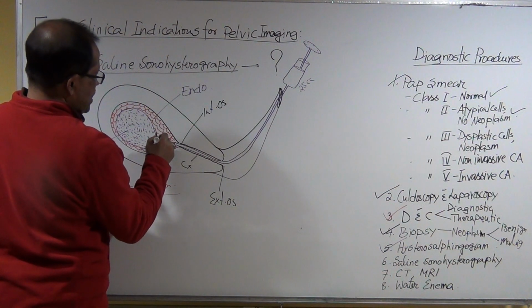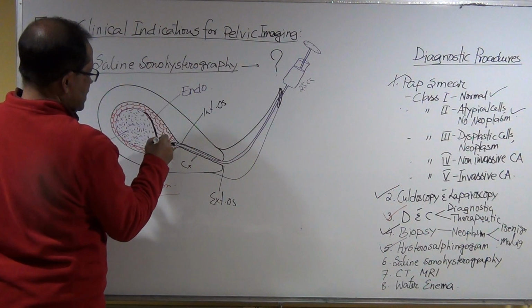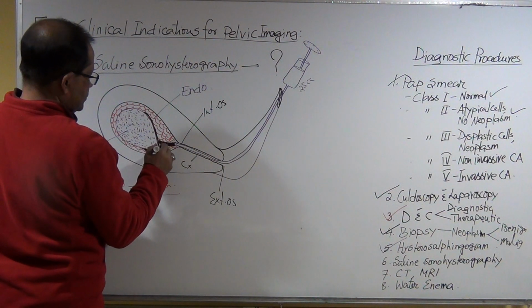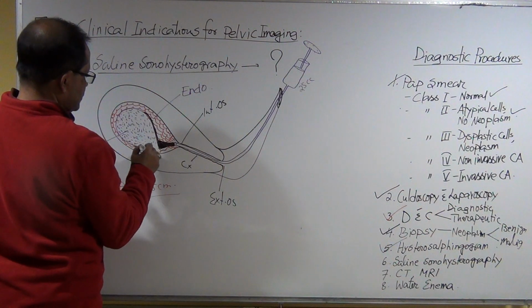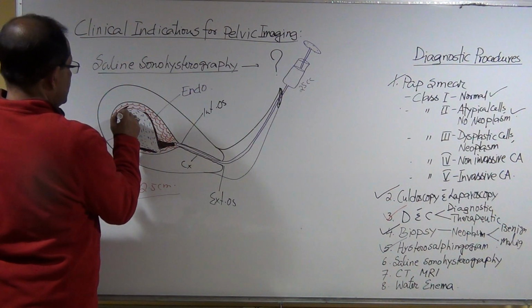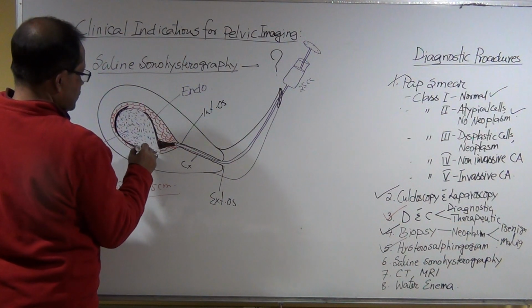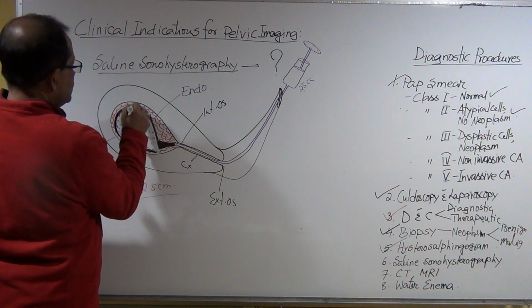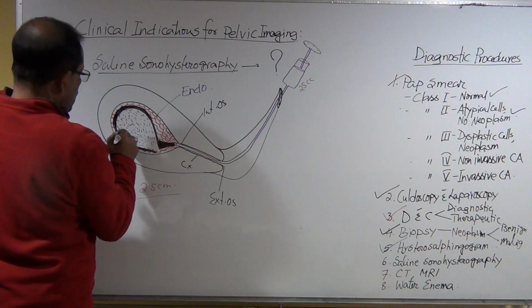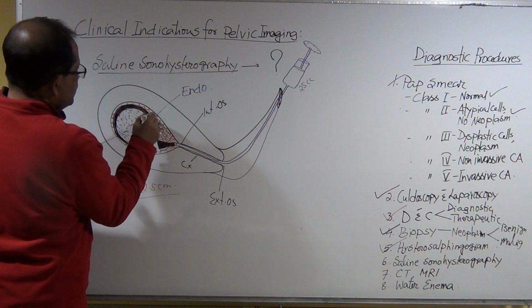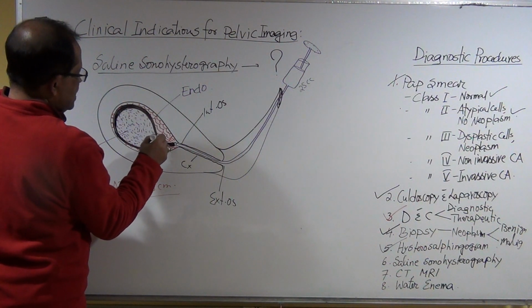And I said to you, water is anechoic. So water will go around the polyp, and it will fill the rest of the space in the uterine cavity.